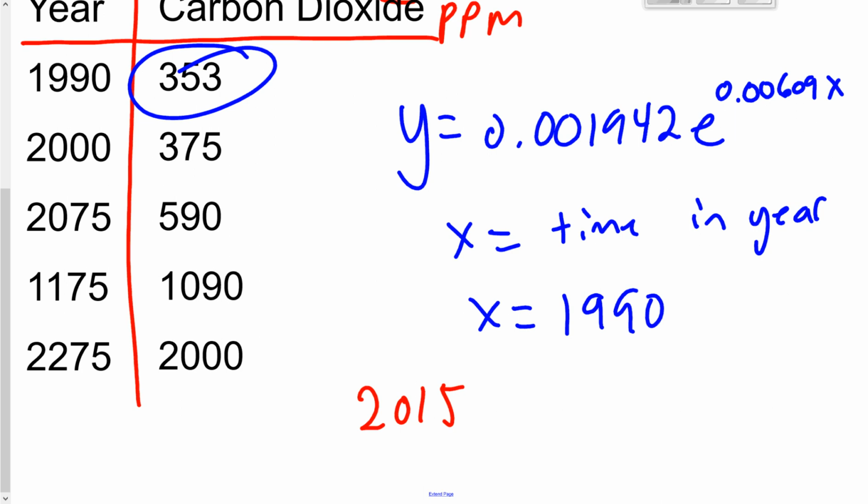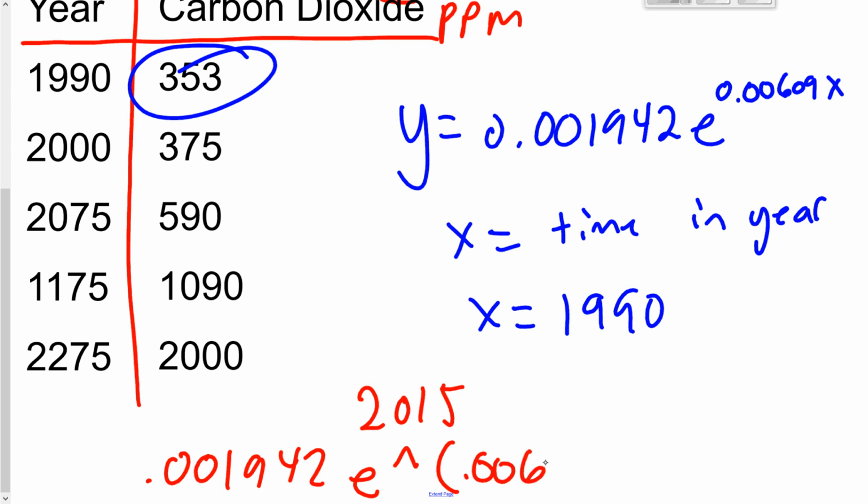I just enter this into my calculator. I enter 0.001942, press the e button, which should automatically pop up something like a box, and then put our rate right here, times our year.